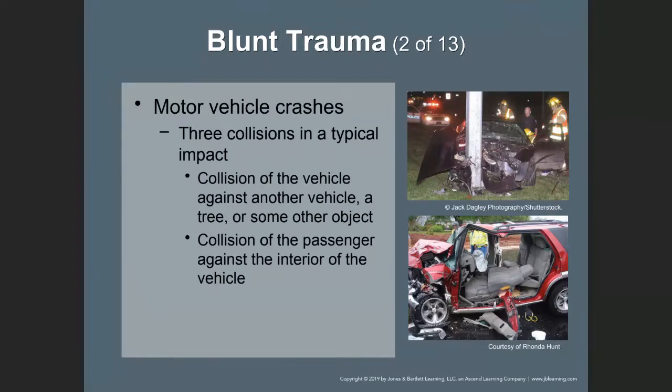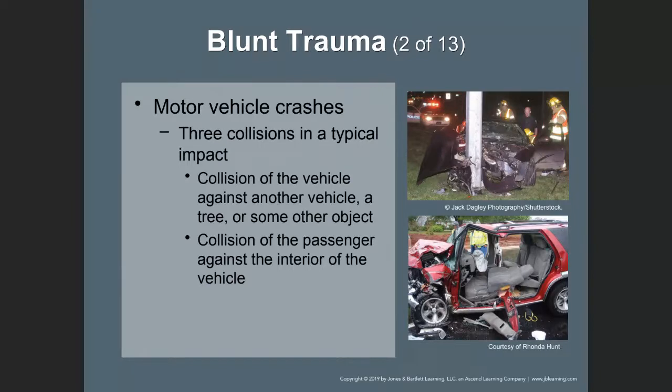Blunt trauma, motor vehicle crashes. Within a motor vehicle crash, there are three collisions, three primary collisions. So there are various types of motor vehicle crashes, but within these motor vehicle crashes, three primary collisions occur.